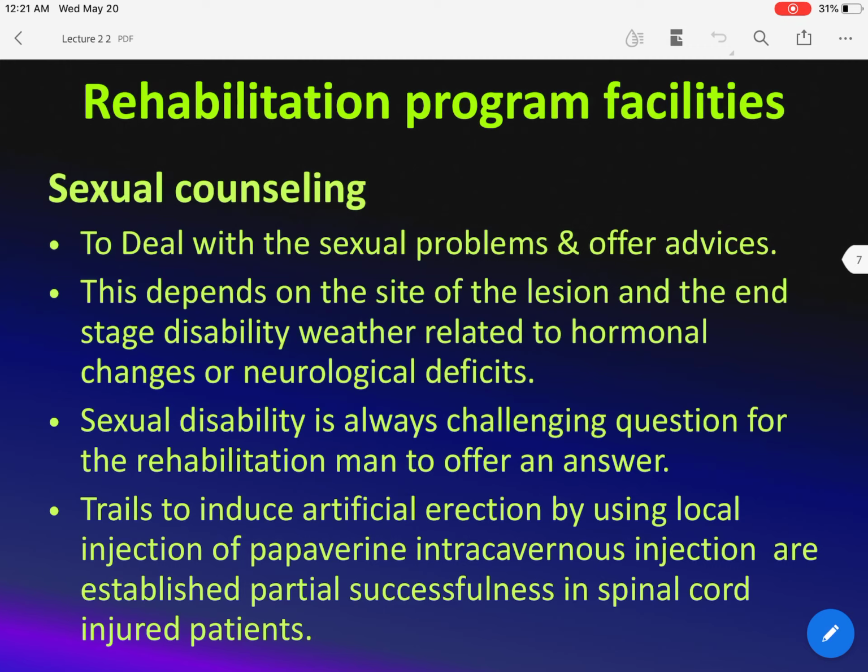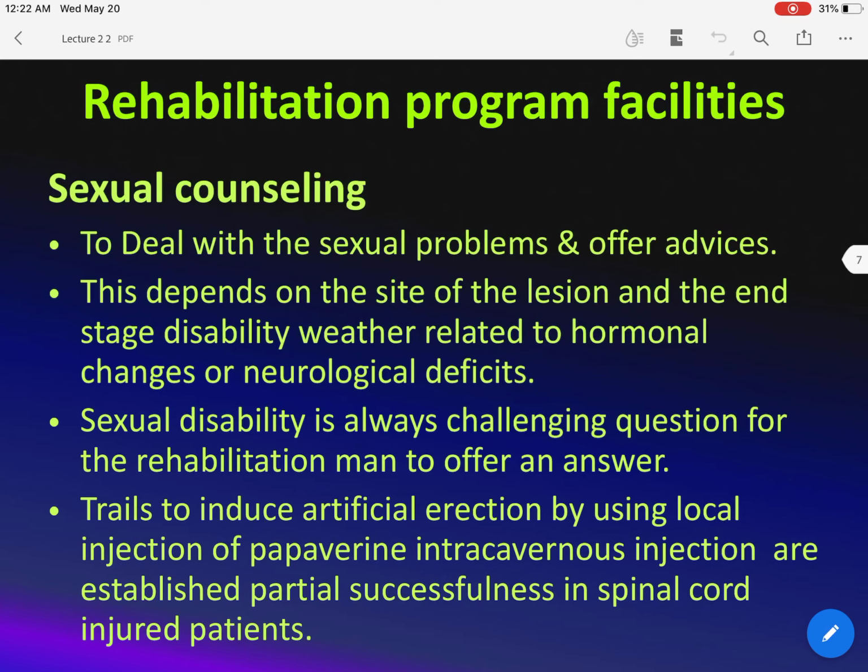or a male or female sexual deficit specialty. Sexual disability is always a challenging question for the rehabilitation man to answer.